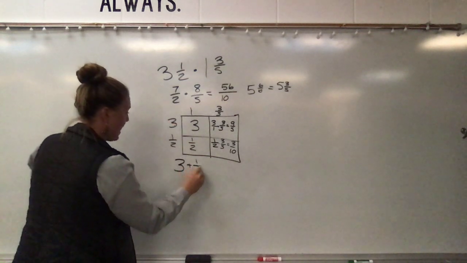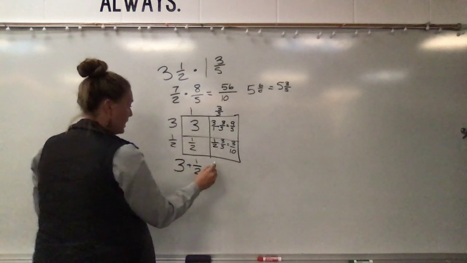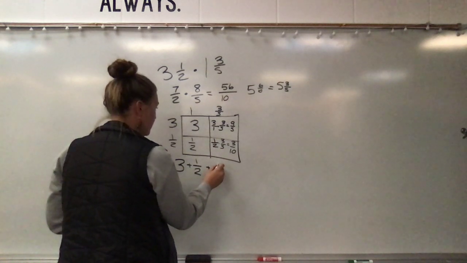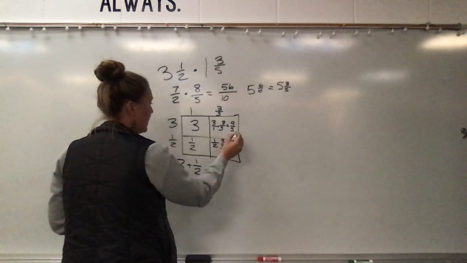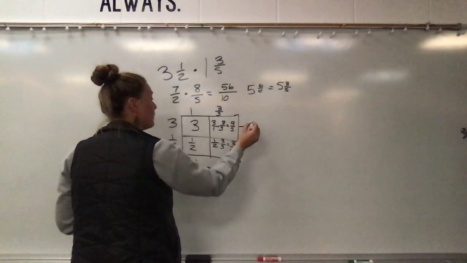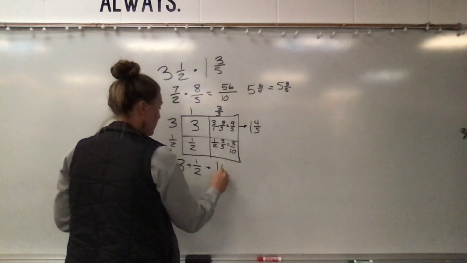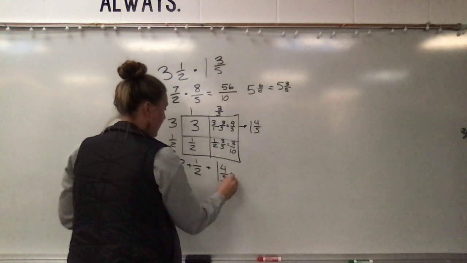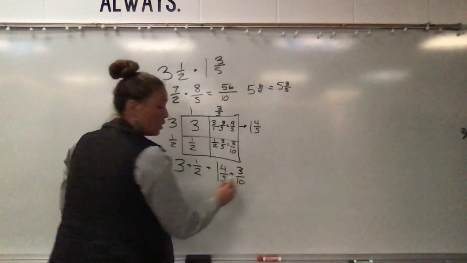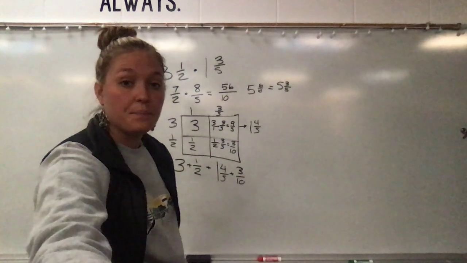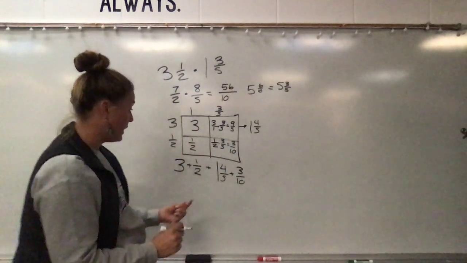So we have our 3. We're adding a half. We're adding 9/5, which we can go ahead and say 9/5 is also equivalent to 1 4/5. So 1 4/5, and we're going to add 3/10. Well, we're going to have to add fractions here with unlike denominators.